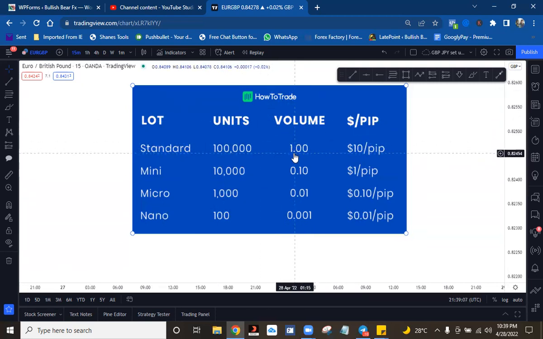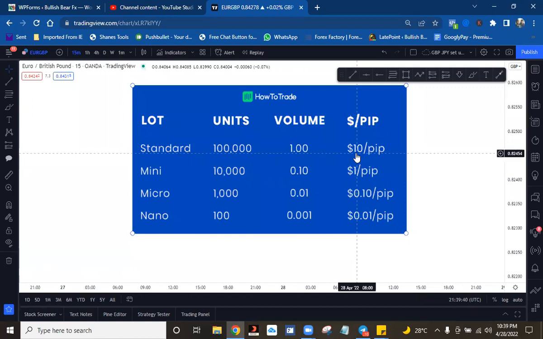So this is 1.00 lot size, that is to say, one standard lot size. If you're taking a trade and you open one lot size, it simply means that you are risking $10 per pip. When price goes a pip in the market for you or against you, you are automatically risking $10 per pip.